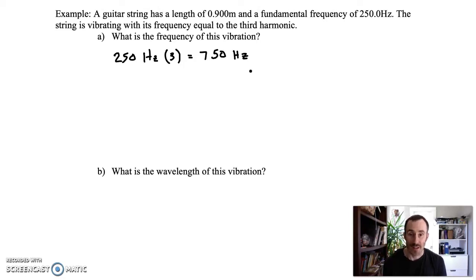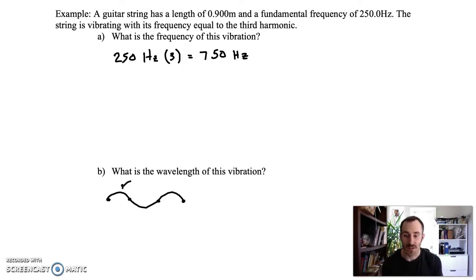What is the wavelength of this vibration? So we need to draw this out in order to figure this out. The third harmonic has 3 antinodes, right? So here's 1 antinode, 2 antinodes, 3 antinodes. So it has 1, 2, 3, 4 nodes, and 3 antinodes.